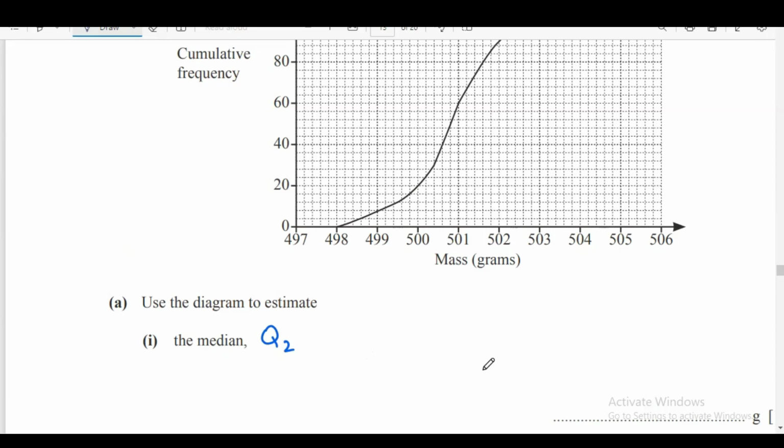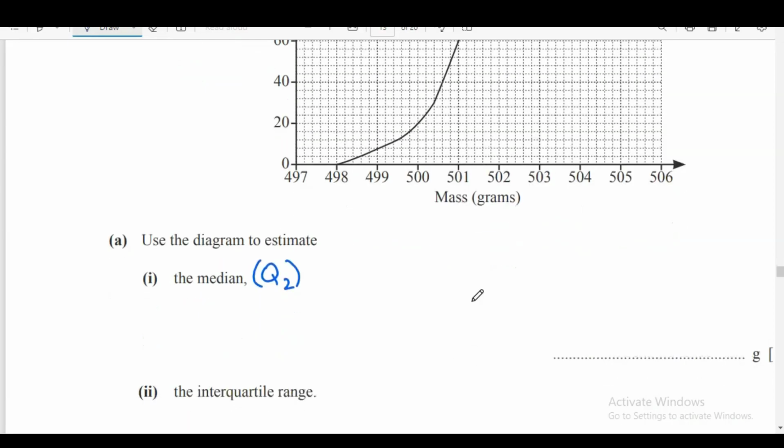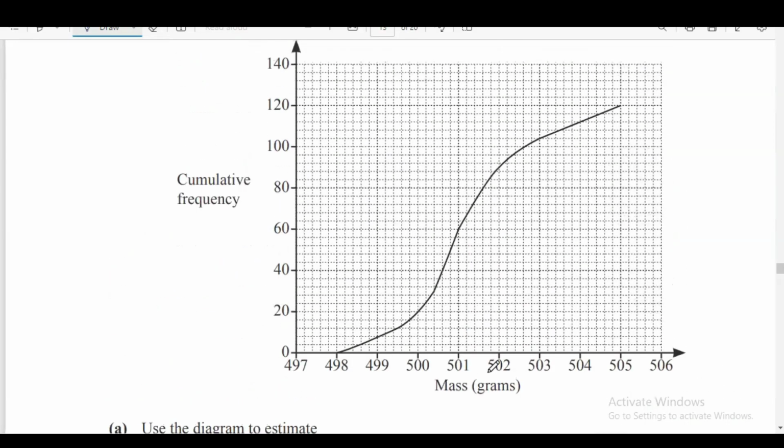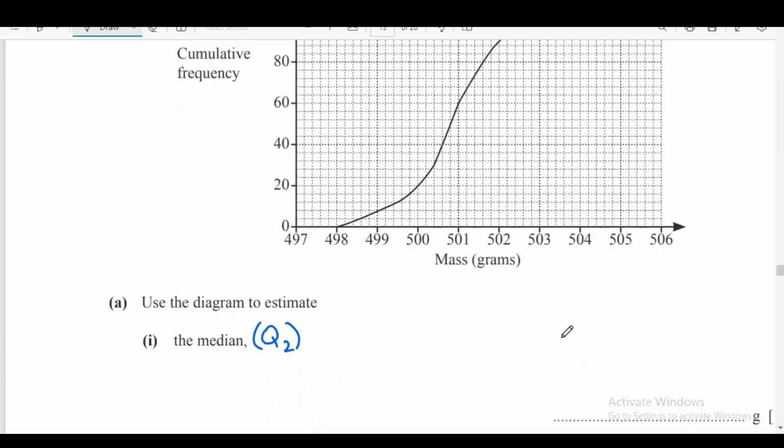Now to find Q2, we have to first find 50% of sigma f. It is not that 50% of sigma f is Q2. We have to use this 50% of sigma f to find Q2.